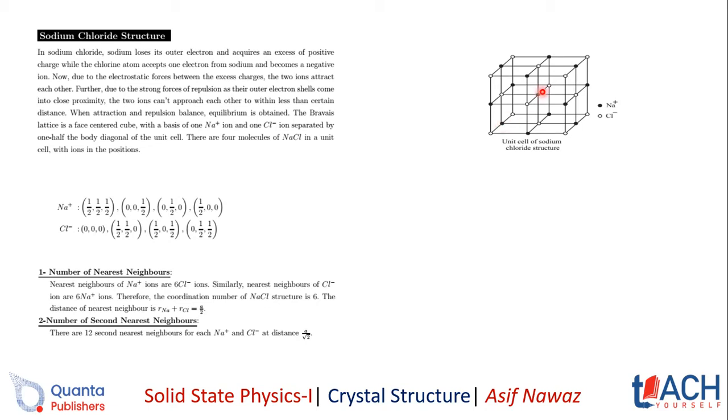One is still pending, whose coordinates are yet to be determined, whose three coordinates are 1/2, 1/2 and 1/2. And similarly, chlorine lies at 0, 0, 0. This one lies at 1/2 along the z-axis, 1/2 along the y-axis, and similarly half along the x-axis and half along the y-axis.